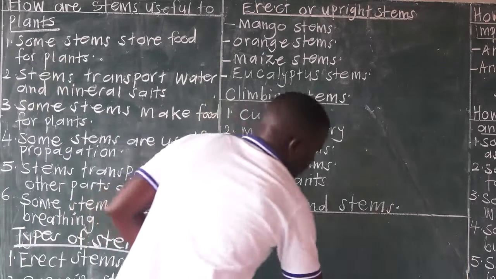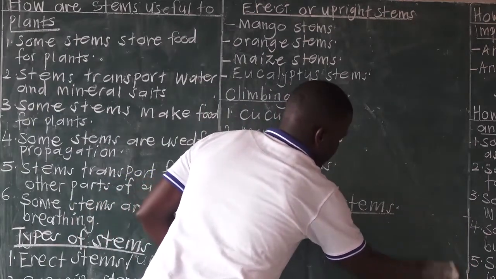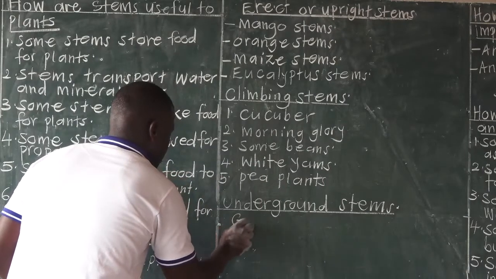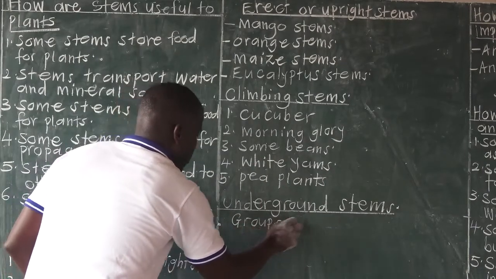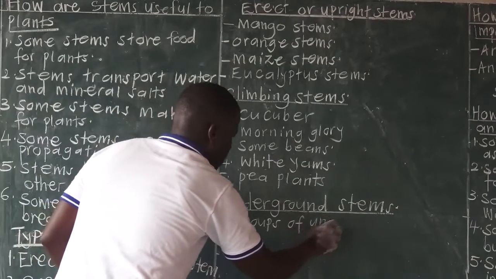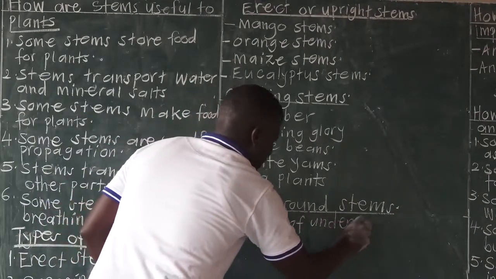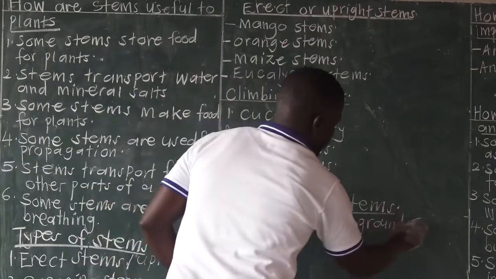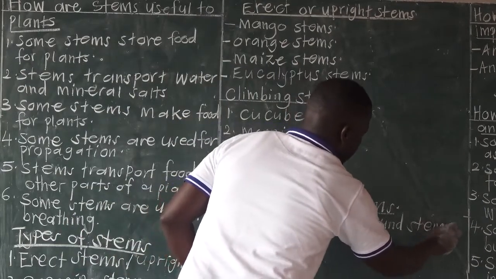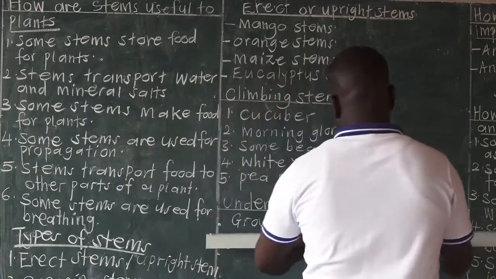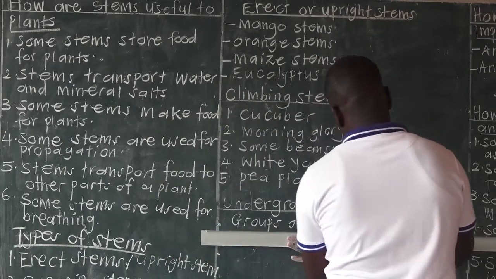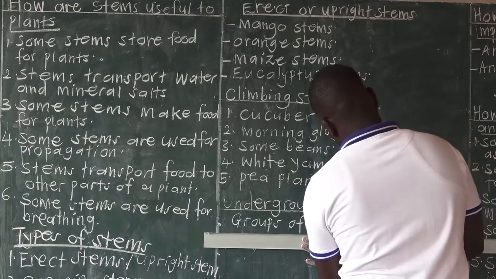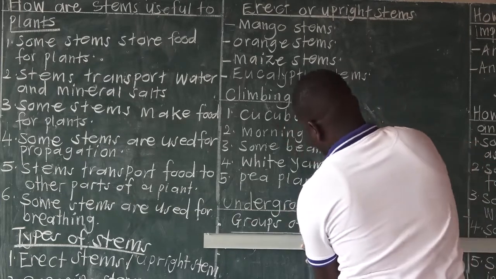Let me begin by looking at groups of underground stems. Underground stems are grouped into 4 groups.